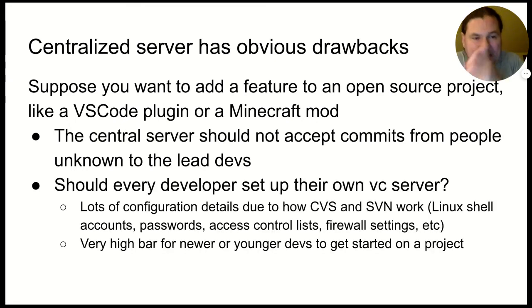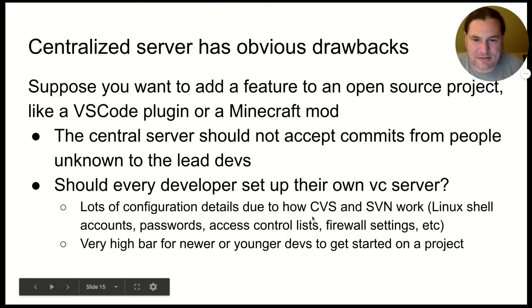Well, here's a problem with that: it's hard, just because of the way CVS and SVN work. They're not designed initially to be web-based protocols. They rely on having shell access to log into a machine. There are ways to enable a web-based protocol, but every developer who wants to check out code from a major open source repository and have their own separate commits has to go through this whole process of setting everything up.